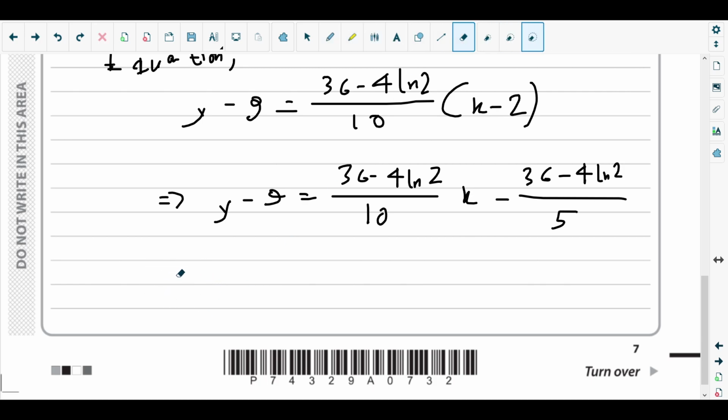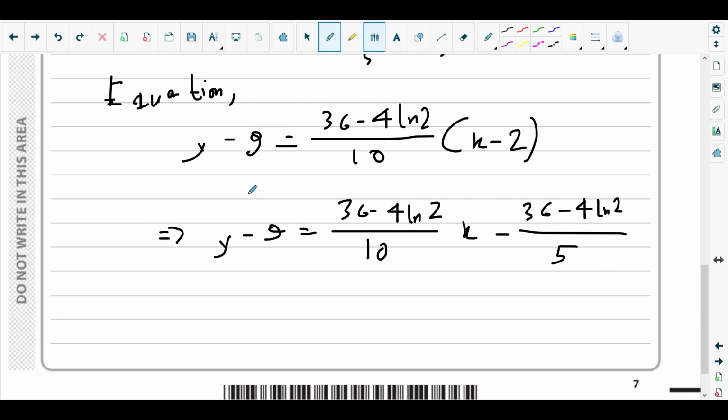So we will just substitute y equals 0, because at the x-axis the value for y is what? 0. So we can write it at x-axis. What we know? y equals 0. So let's erase y. So we'll get negative 9 equals this.